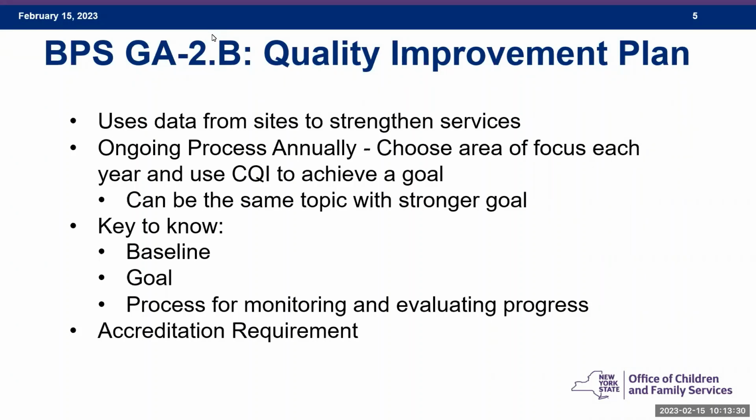This can be a new goal based on site level data or observations from the field, and it can also be a more aggressive goal from the prior year. For example, if a program is currently at 30% prenatal enrollment, they may set a goal of 40% in 2023 and work on that in subsequent years.